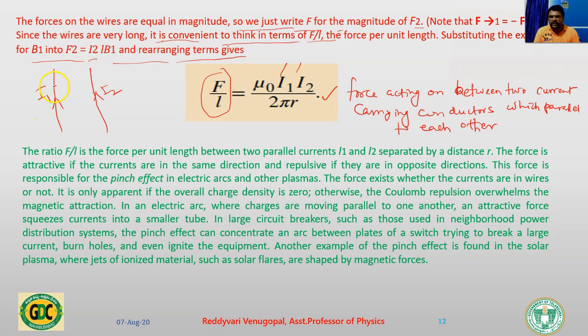The distance between these two conductors is R. The force per unit length between these two parallel current carrying conductors depends on the currents I1 and I2 and the distance R. So the ratio F by L is the force per unit length between the two parallel currents I1 and I2 separated by distance R. The force is attractive if the currents are in the same direction.